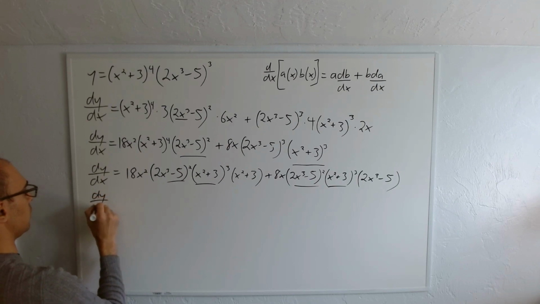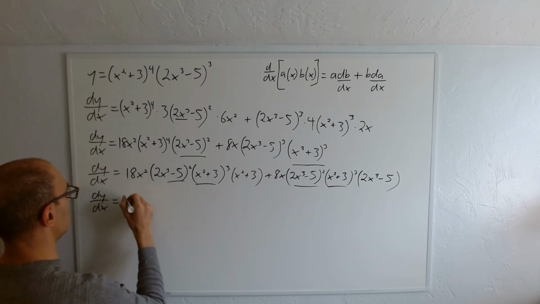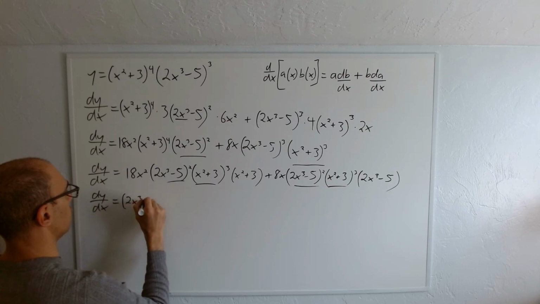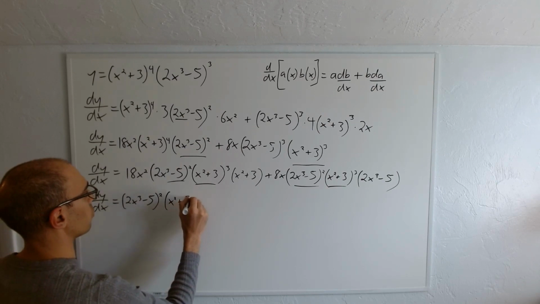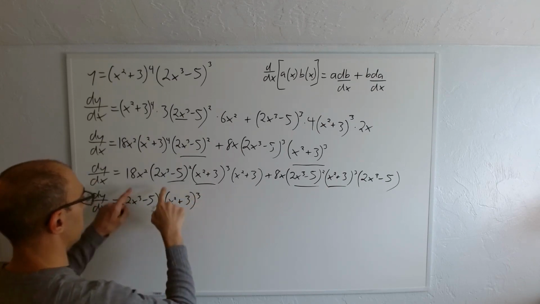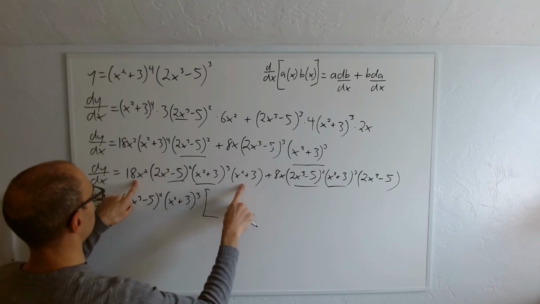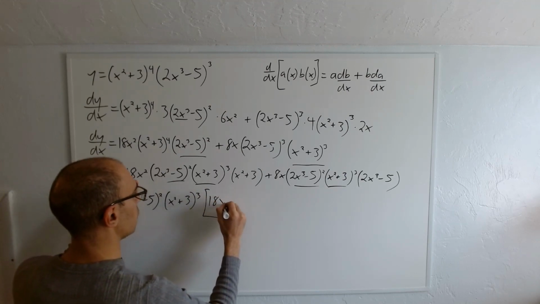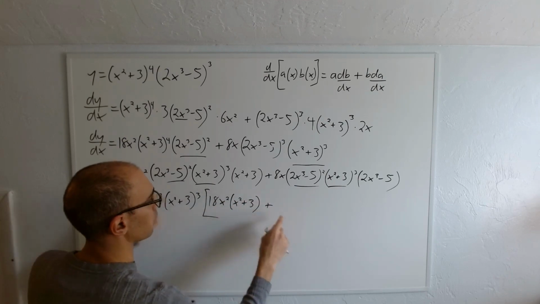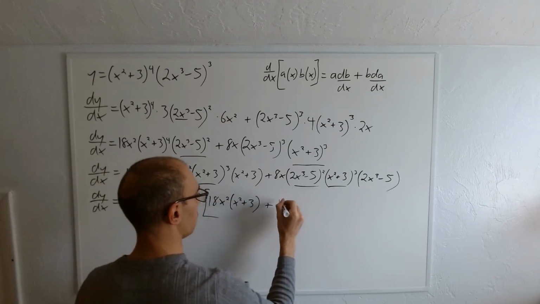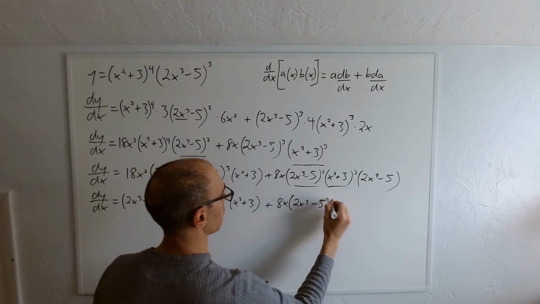So we have dy/dx equals the 2x cubed minus 5 term, the x squared plus 3 term, and that's going to be times these two pieces, which is 18x squared times x squared plus 3, plus these pieces, 8x times 2x cubed minus 5.